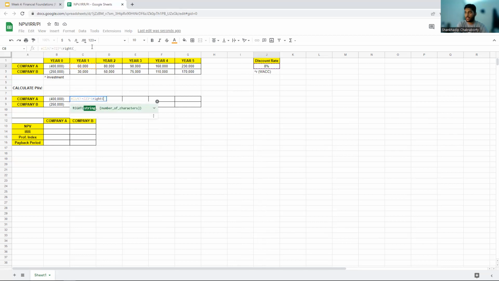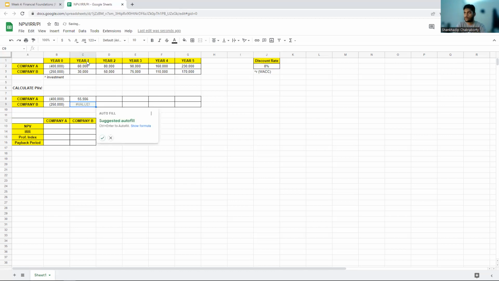What the RIGHT function does is it takes a string and you can type in how many characters you want from that string and it'll take it there. So what I want to do is take the string of year 1 and just select the first character. And that first character is the number 1. So from the right, the first character in year 1 is 1.